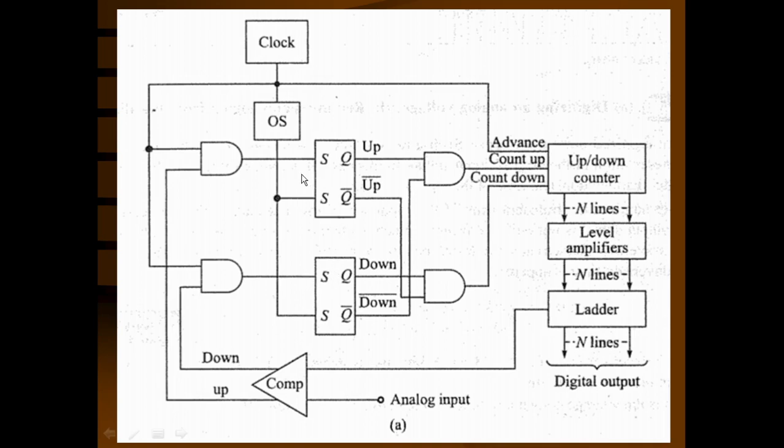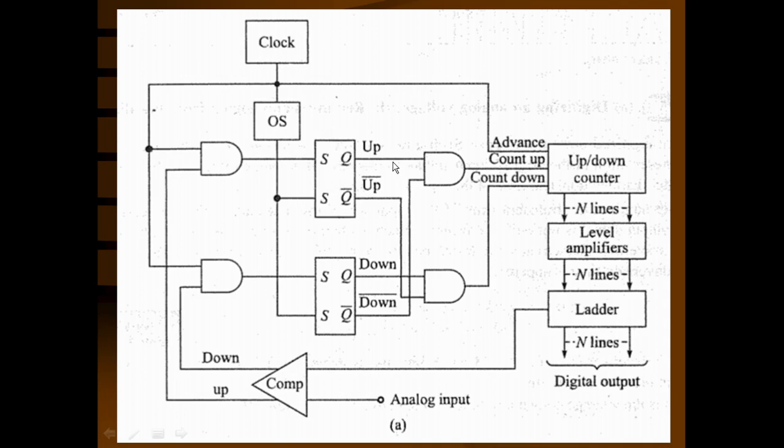So we can say that on the first clock edge, this is the clock generator, it produces the clock pulses. So when the first clock pulse hits this AND gate, it will pass through the upper AND gate, which is in front of this up flip-flop. So this S becomes 1. It will set this flip-flop and Q becomes 1.